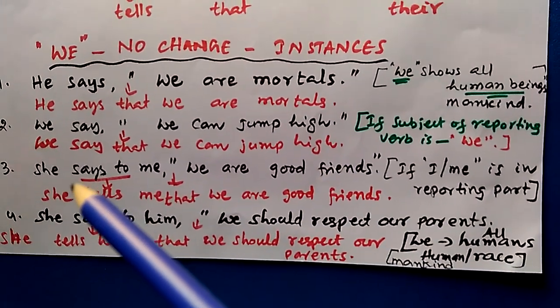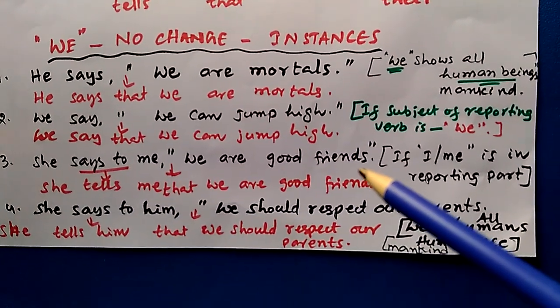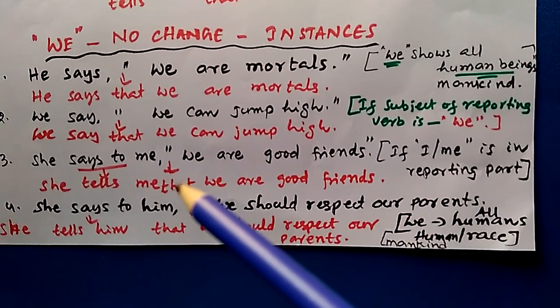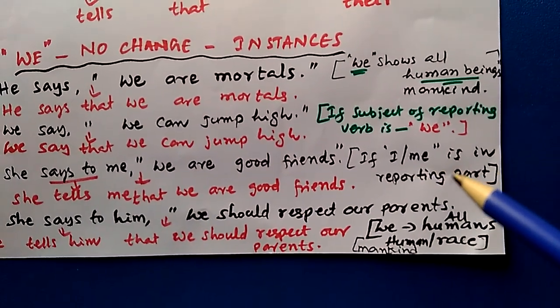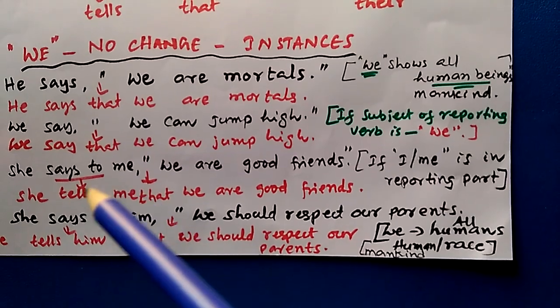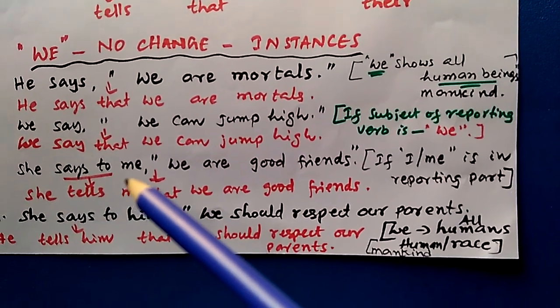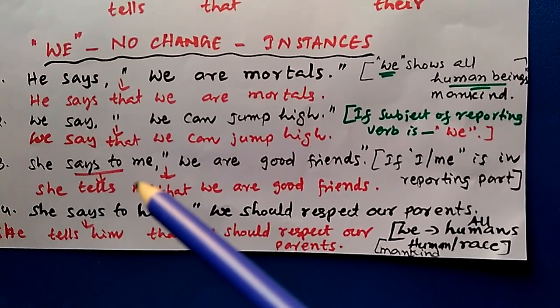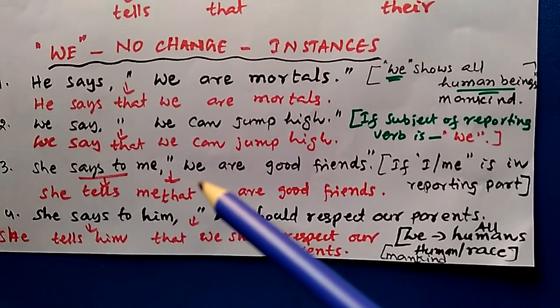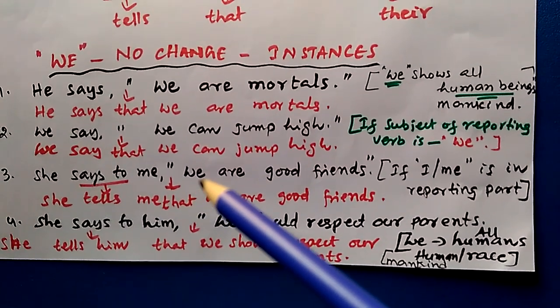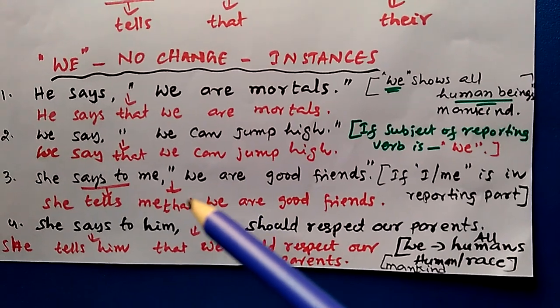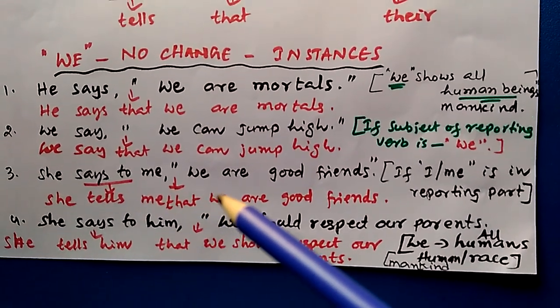And next, "She says to me, we are good friends." Here, when we find I or me in the reporting part, then we in the reported part includes those I and me.